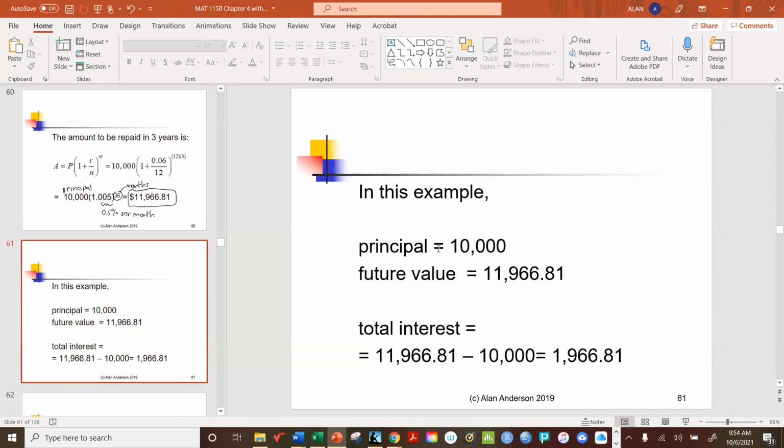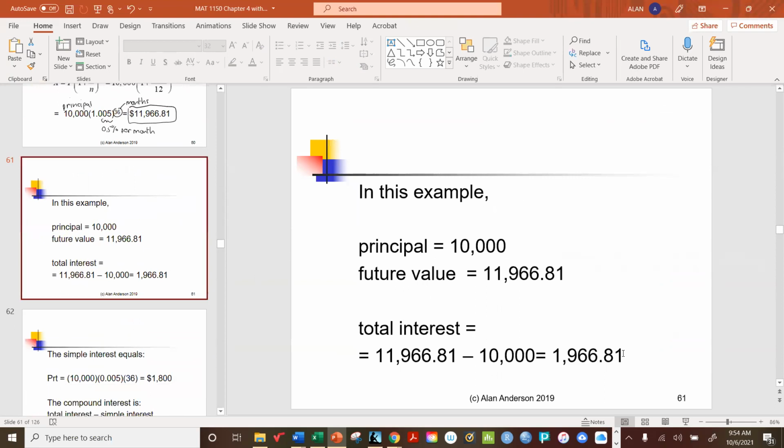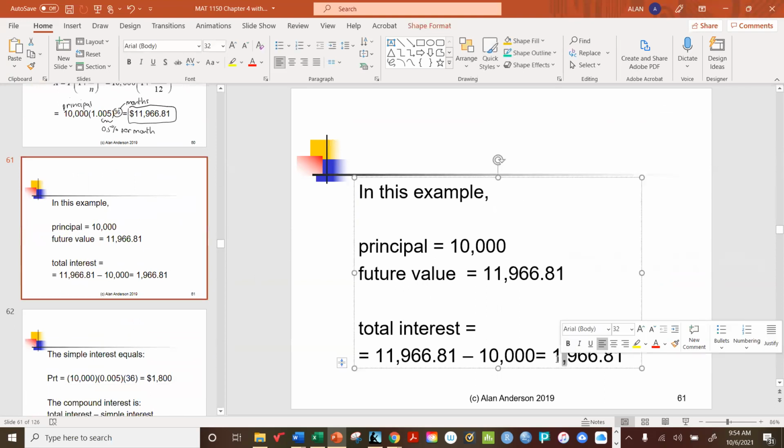The principal that we started out with was $10,000. We ended up paying $11,966.81 on the loan, which implies that $1,966.81 must have been our interest. Now, here's the big question. How much of this was simple interest and how much of this was compound interest?